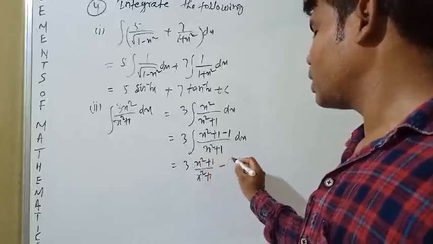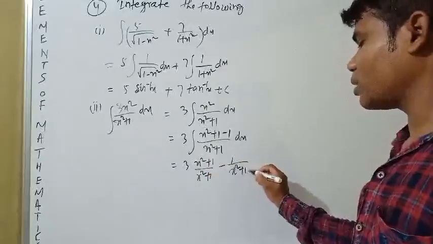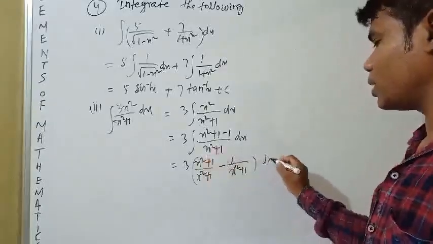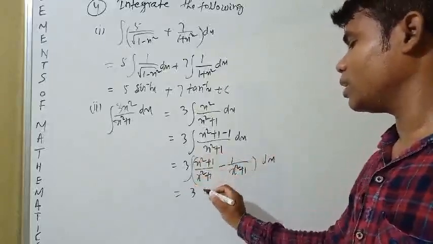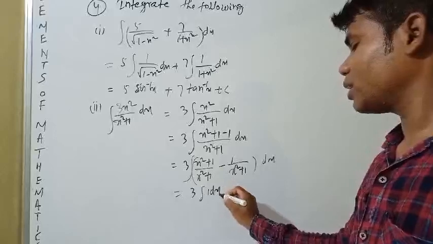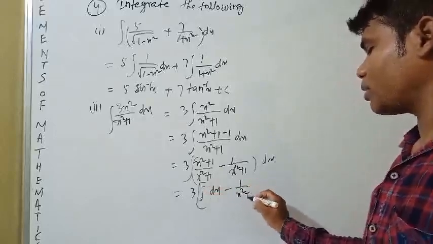Here also, one part is only 1 dx, and the other is 1 by x square plus 1. So it is equal to 3 times, only dx, minus 1 by x square plus 1 dx.